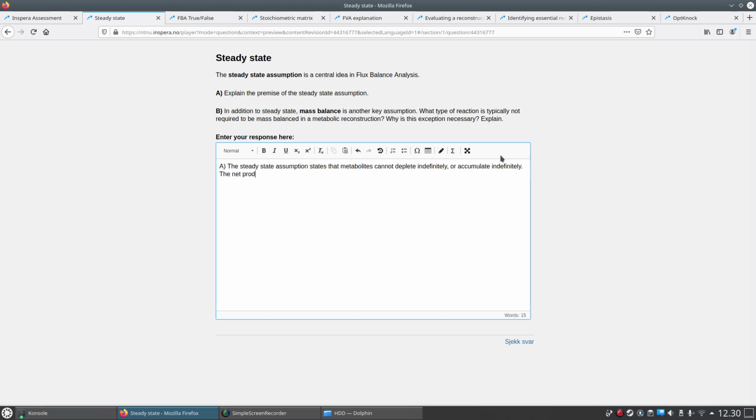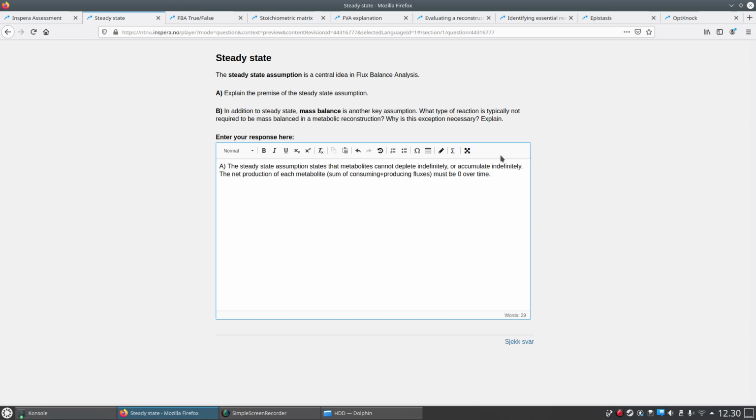the net production of each metabolite, the sum of consuming plus producing fluxes, must be 0 over time. That is essentially what the steady state assumption says.